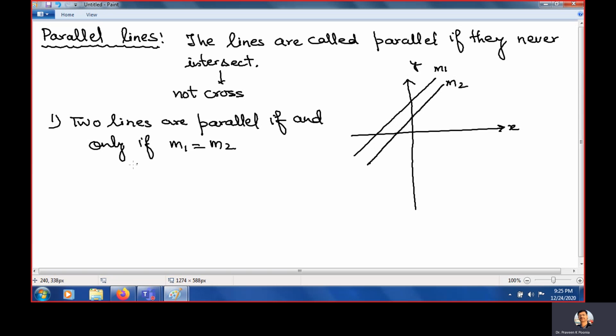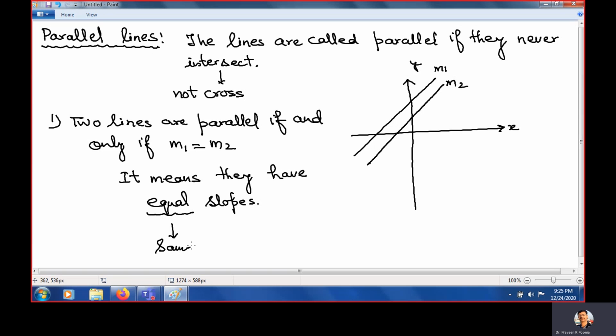What do you mean by m1 is equal to m2? It means they have equal slopes. So two lines are called parallel if they have equal, meaning same, slopes.